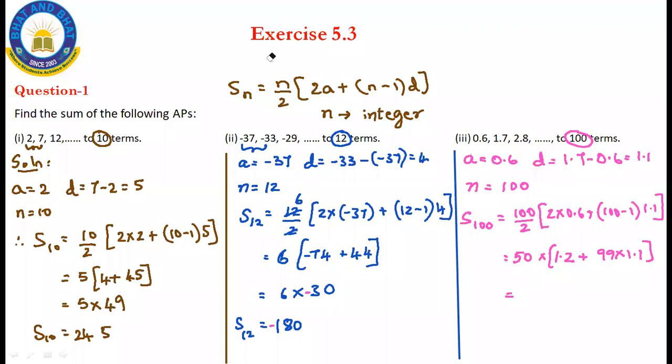How much will it come down to? So all of you have got it as 5505. Yes, this is 50 into 99 into 1.1 into 1 plus 1.2 gives answer as 110.1. Yes, that is 5505. That is correct. So first 245 minus 180, 5505.